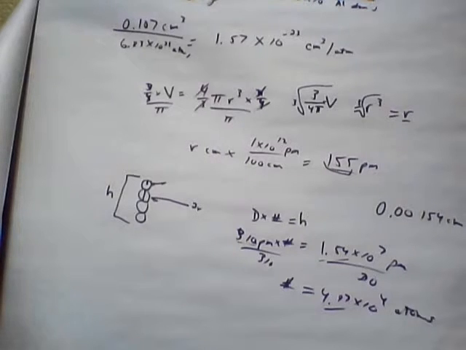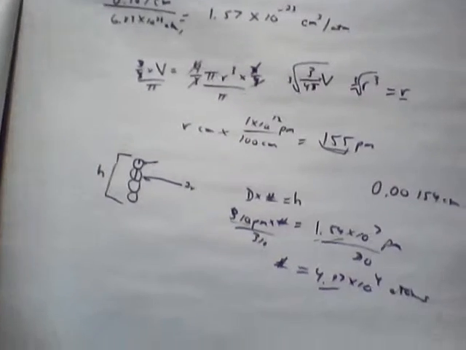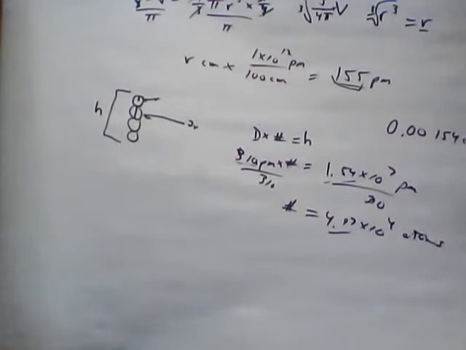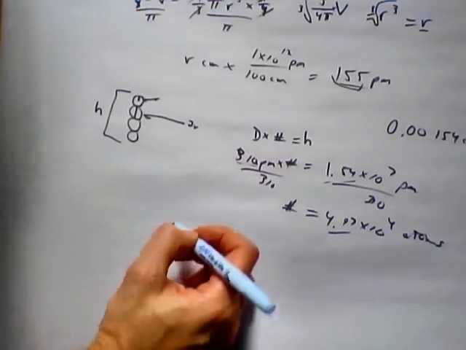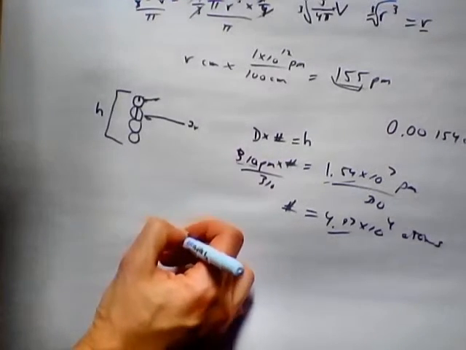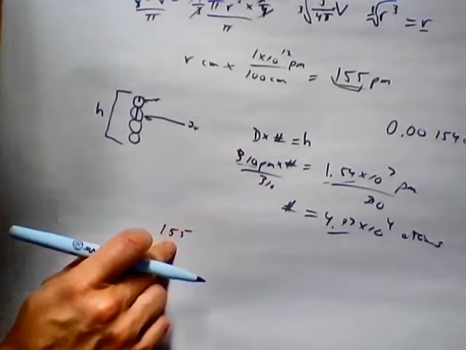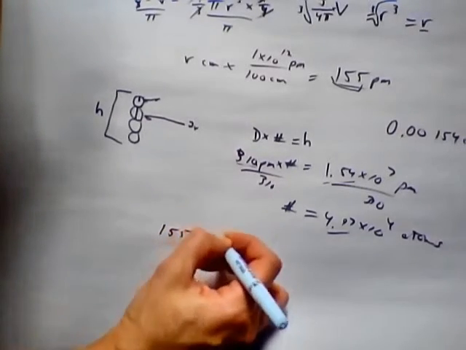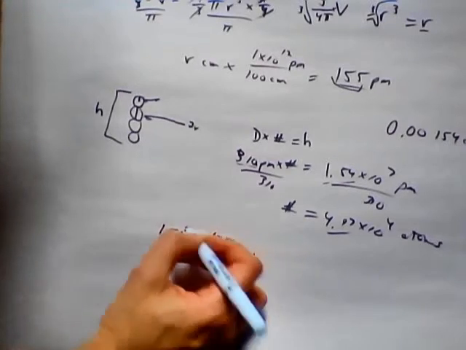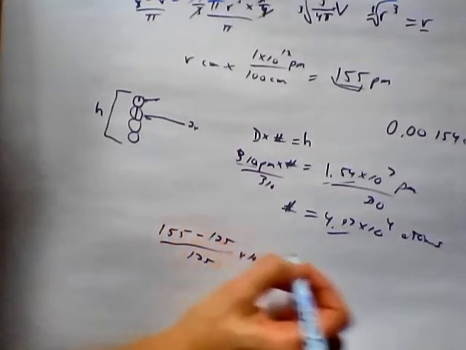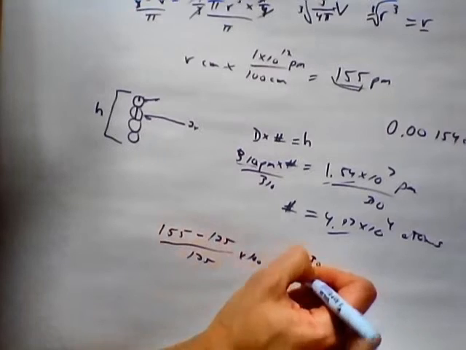Lastly, for the percent error, the radius that you should have taken was 125 picometers. The equation is the experimental value, the one from my experiment, minus the accepted value, divided by accepted, times 100. When I subtract these two numbers, I get 30 divided by 125.